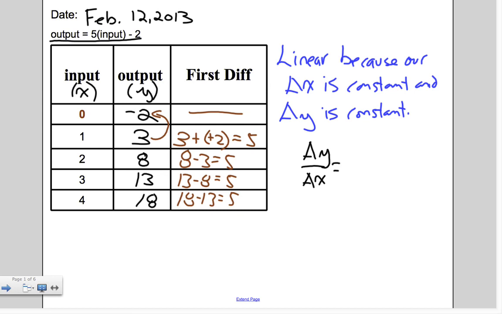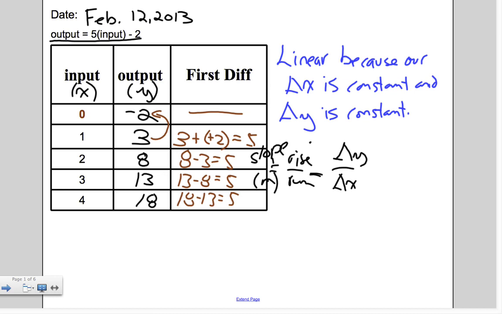No. Rise over run. Actually, it should be like this. Delta y over delta x. So this is really rise over run. And a couple said this is really our slope, right? We should use the variable m. So here's slope, and this is known by the variable m.